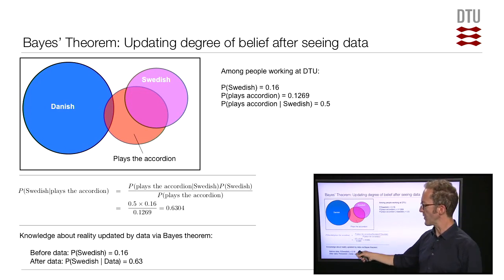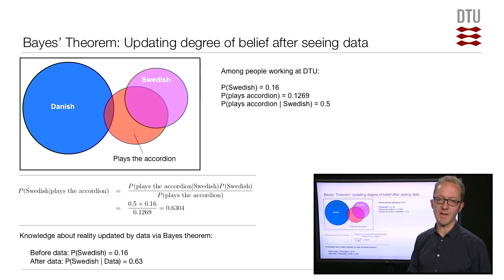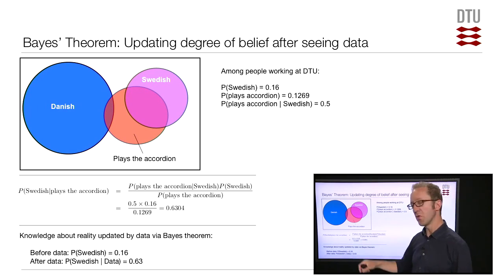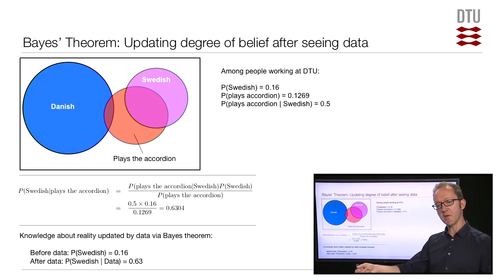And we could use this, for instance, imagine that you're at the DTU annual ball, you arrive at a table, you don't know who is going to be sitting next to you, there's an empty chair. Before you actually arrive at the table, you know that there's a 16% chance that you will be seated next to a Swedish person if people are distributed randomly. Once you arrive, you notice there's an accordion lying on the chair.